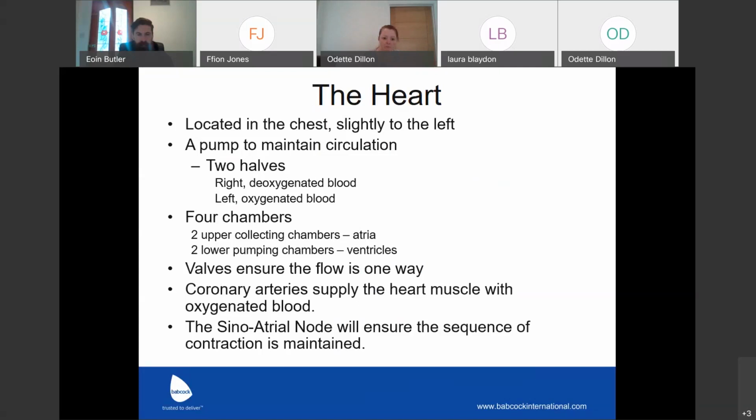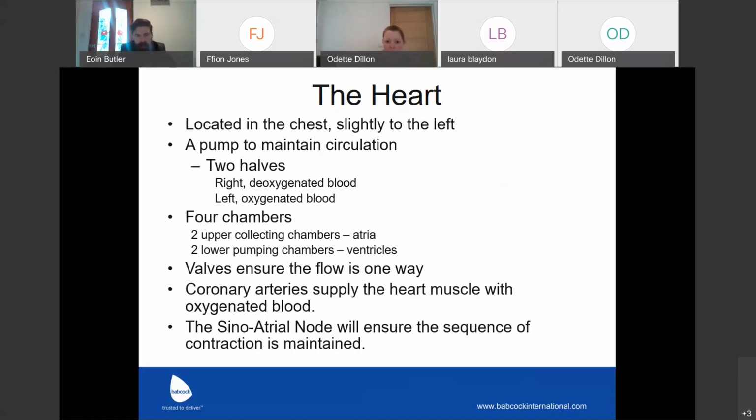On the left side of the heart, you've got the bicuspid mitral valve. On the right side of the heart, you've got the tricuspid valve. In the pulmonary artery, you've got the pulmonic valve, and in the aorta, you've got the aortic valve. Those are both called semilunar valves. The semilunar valves will prevent backflow of blood into the ventricles. The atrioventricular valves will prevent backflow of blood from the ventricles back into the atria.